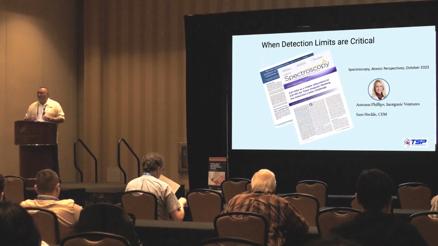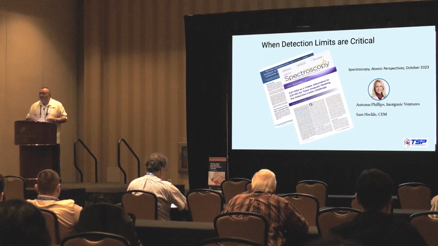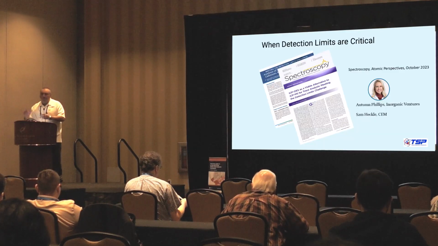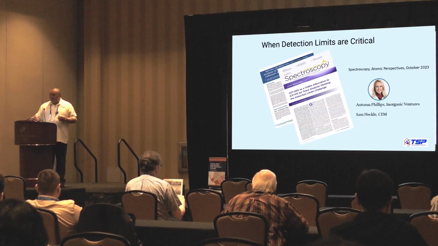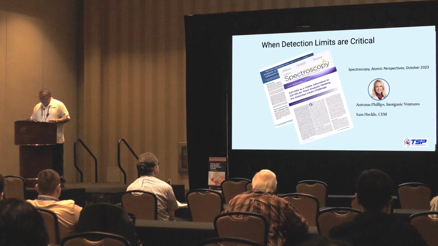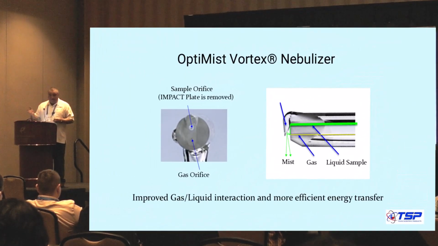And I said, wait a minute, what if we try to do it by emission and just give them an efficient system? So anyway, long story short, we've done it, and it was published in Spectroscopy in October 2023, and that was done with this nebulizer that's called Optimist Vortex.